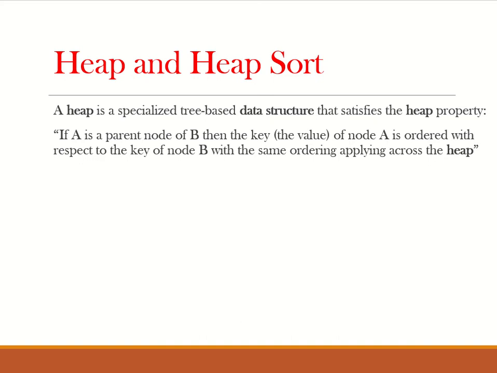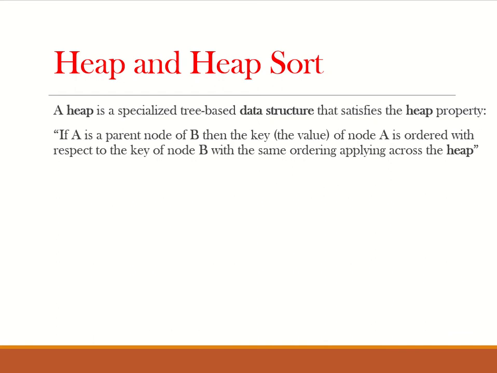This is the heap property. It is not saying that the parent node should be greater than the child node or that the parent node should be lesser than the child node. It is specifically saying that there is an ordering and that ordering should be preserved across all the elements of the tree. This is the heap property.